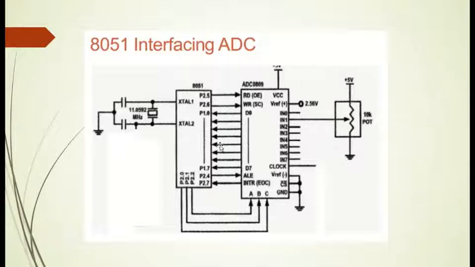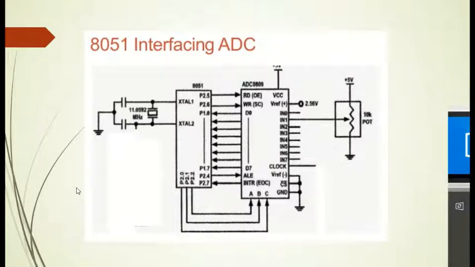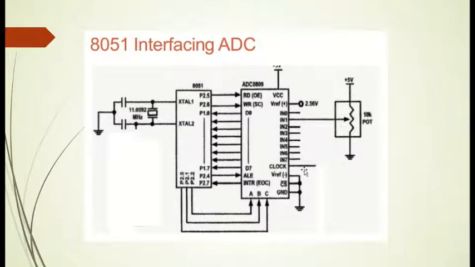It is quite simple, and you can refer to the book for a simple program where the same process is followed. Initially the ADC address value will be set, then ALE will be made high and low, then start conversion will be made high and then low to start the conversion.